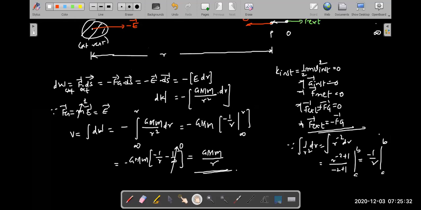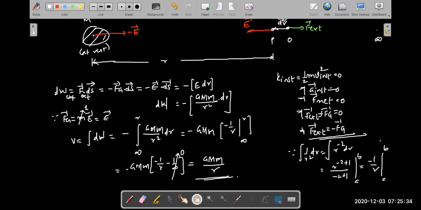It says that this is the work done by the external agent, but I definitely feel that there is some issue with the negative sign. One second, we have done it correctly only. Work done by external force, by external agent. Sir, the formula for E, won't it be G capital M by r square? Because it's force acting per unit mass.